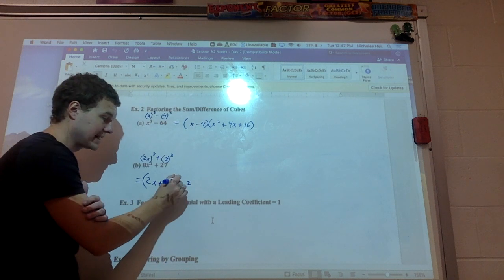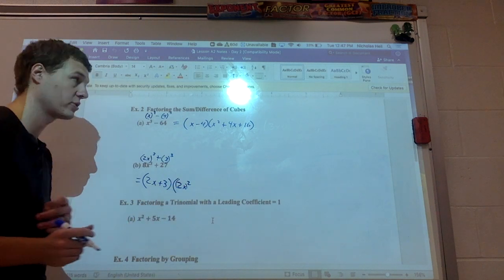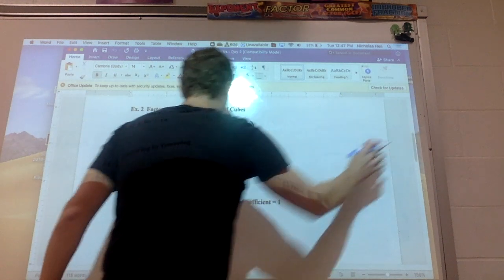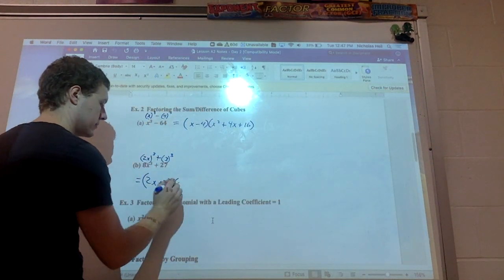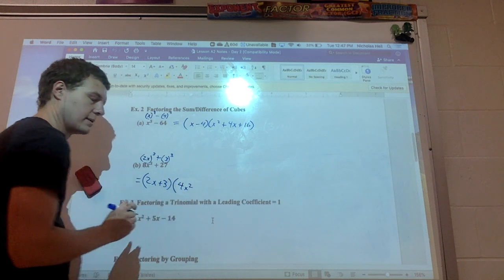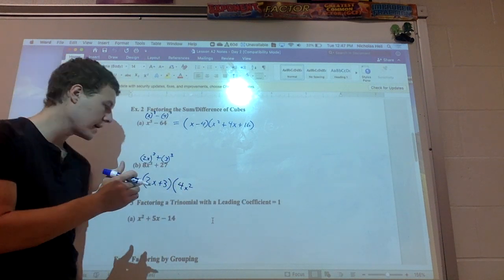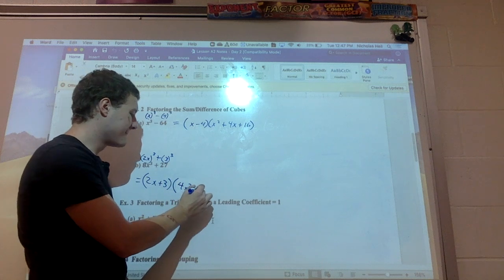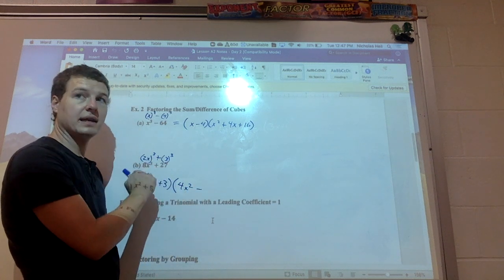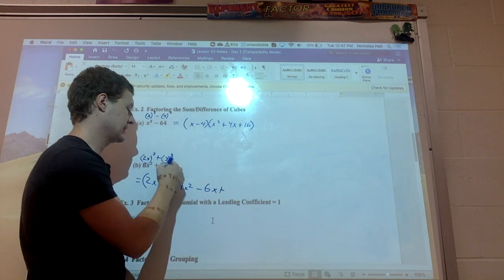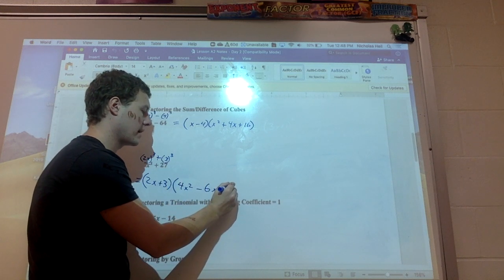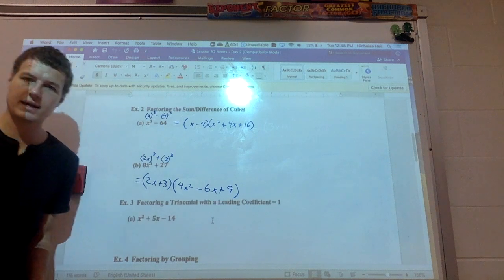Now, I should write that as the whole quantity 2x squared, but I'm going to rewrite that. I don't want to write out a whole other step. 2x squared is 4x squared. 2 times 2 is 4, x times x is x squared. Let's see, then we got minus the first thing times the second thing, so 3 times 2x is actually 6x. And then plus the second thing squared is 3 squared is 9. Boom, that's your answer, that's what I'm looking for.